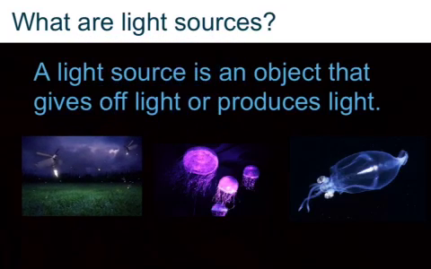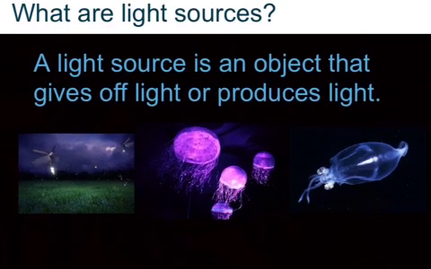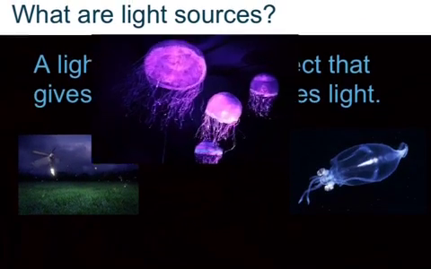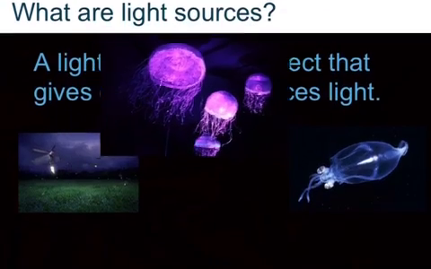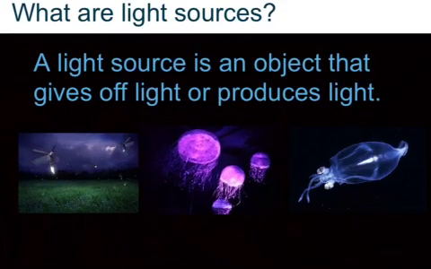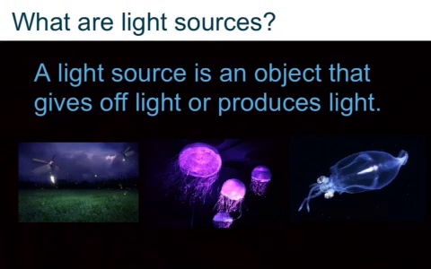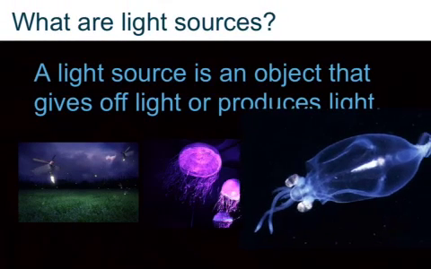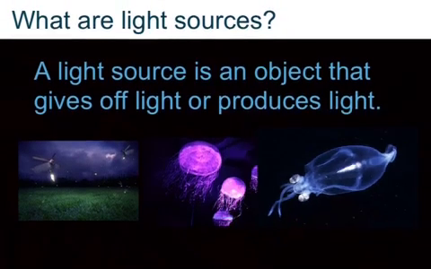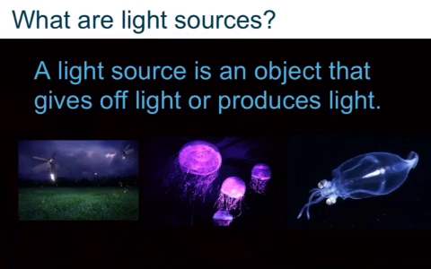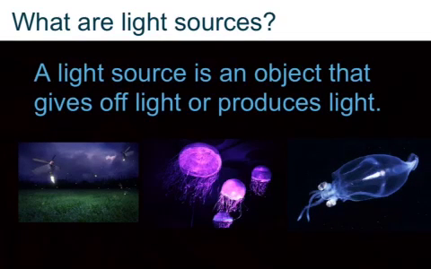Or some types of jellyfish, as well as other types of animals, like this squid, I think. So this means that light sources can also be living things which give off light.